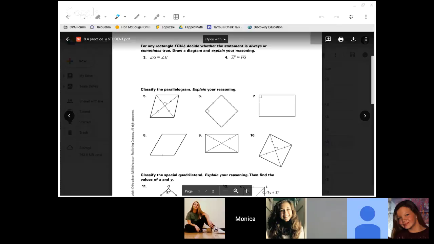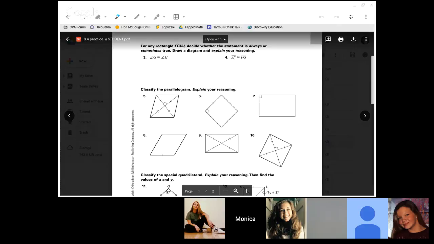But do we know anything about the sides of that shape? Are you okay over there, Abby? Okay, so we don't know anything about the sides of the shape, so we can't really tell if it's a square. So the most specific we can get is that it's a rhombus.